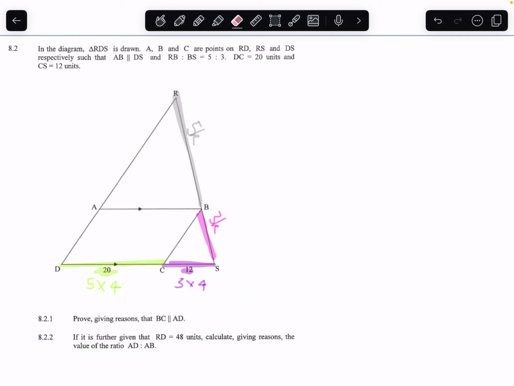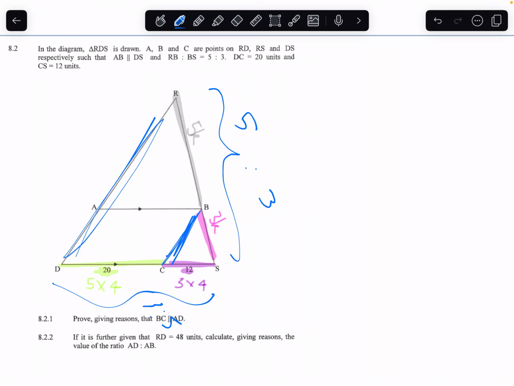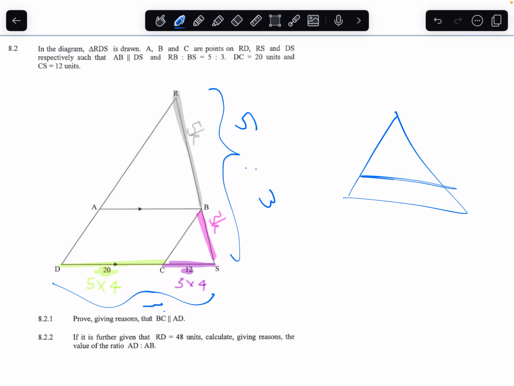So I am guessing that the fact that these two sides have a 3 to 5 relationship going on, and these also have a 3 to 5 relationship, there's a theorem that says that because they are divided into the same proportion by this line BC, that must mean that BC is parallel to the other side of the triangle, RD. I know the reverse of the theorem: if you have a triangle and some line parallel to one side, then the other sides are split by the same proportion. So I'm guessing that it also goes in reverse.